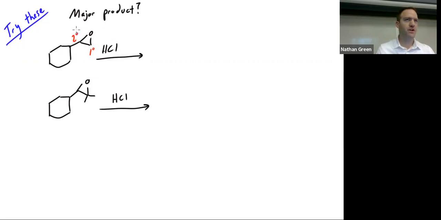So is this reaction going to follow SN2 regiochemistry, or is it going to follow SN1 regiochemistry? SN2, I agree. So we're going to use sterics to decide where that chlorine is going to attack. Is the chlorine going to attack the less sterically hindered or the more sterically hindered carbon? The less. So when we draw this out, I'm going to put the chlorine on this one, right? Which means the OH is going to go over there.